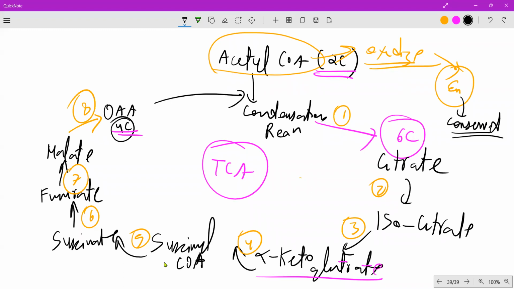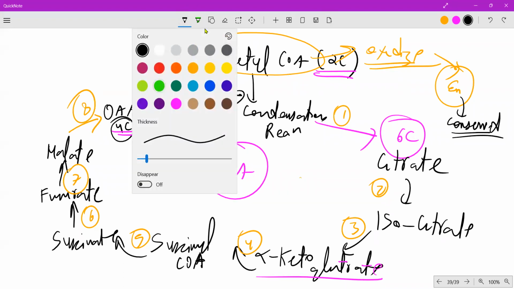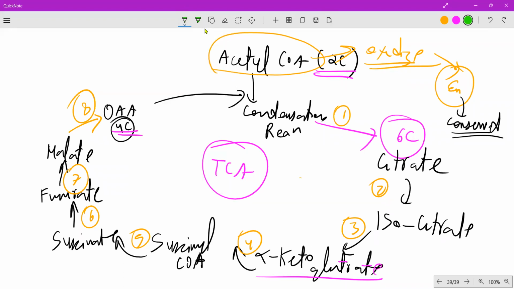So let us look at this reaction. Isocitrate to alpha ketoglutarate. ये जो reaction है, यहाँ पे 1 NADH is synthesized. Some energy is conserved over here. Similarly, alpha ketoglutarate to succinyl CoA, NADH is synthesized. Succinate to fumarate, FADH is synthesized. Malate to oxaloacetic acid, NADH is synthesized.